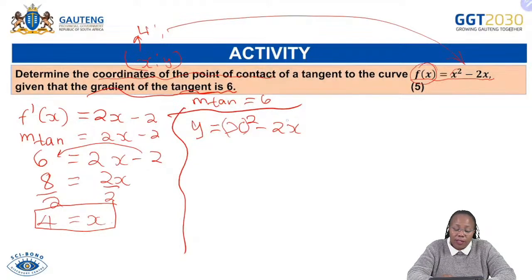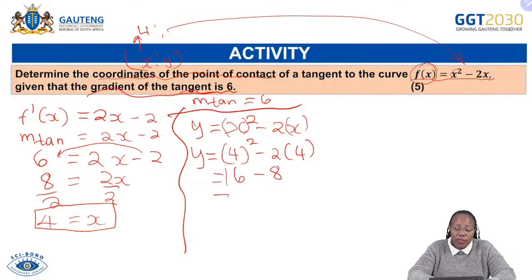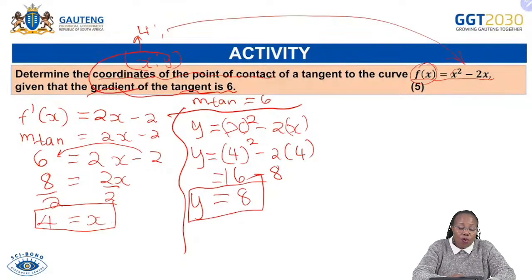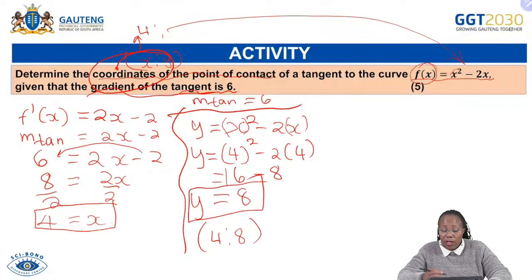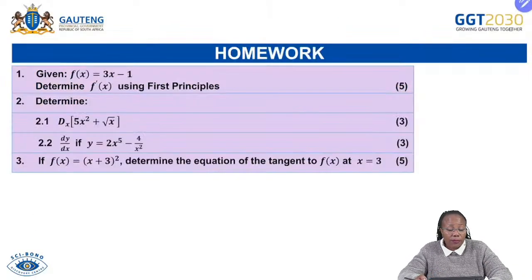Substitute x with the 4 value, then this will be y equals 4 squared minus 2 into 4. And then 4 squared is 16, minus 2 times 4, 8. And then 16 minus 8 is just 8. Because they say coordinate, the answer will be 4 and 8 in coordinate form, grade 12.